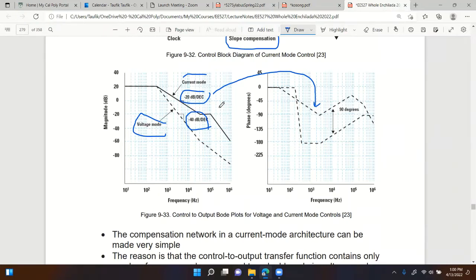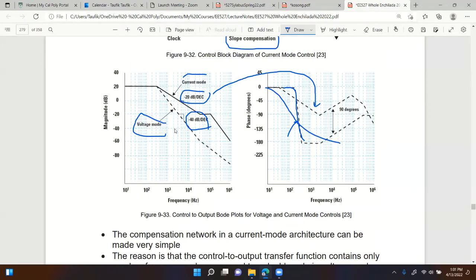I'll explain a bit later, but the other thing that's good about a single pole is that it doesn't have the quality factor. Remember, the quality factor determines how steep the change is in the phase angle. If Q is high, it will drop drastically. If Q is low, it will be a very slow change.